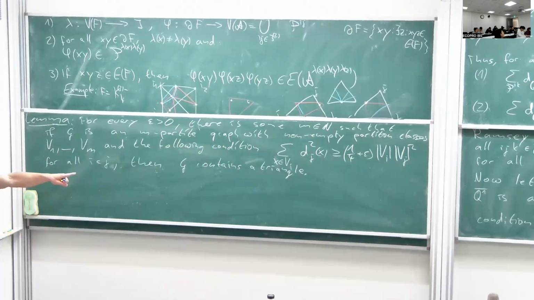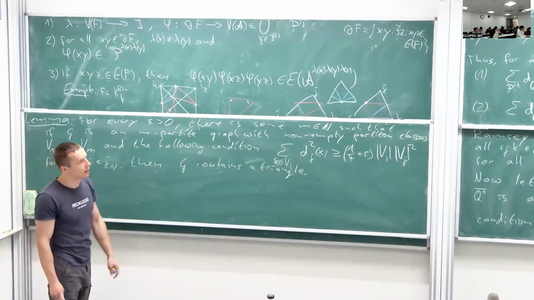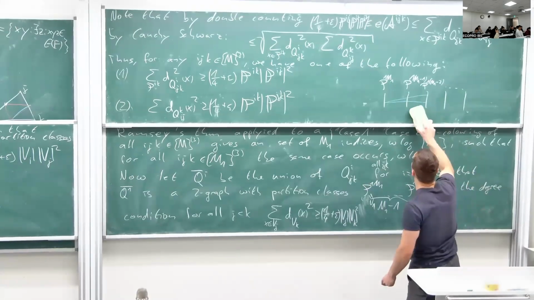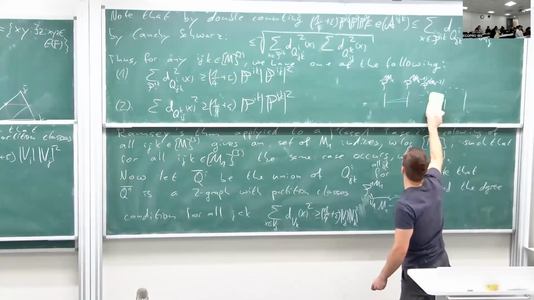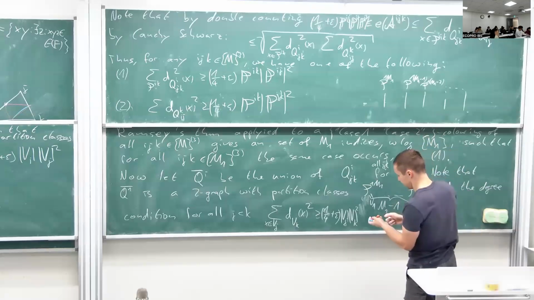Okay, so that's exactly the setting down there that we wanted, because now a triangle in this blue graph here. Let's say that we see a triangle here.